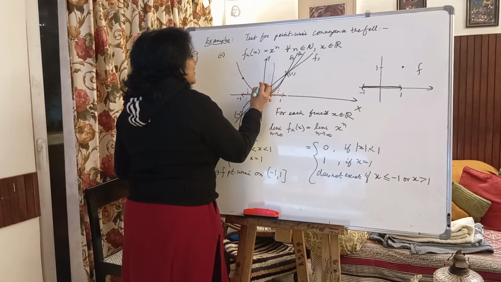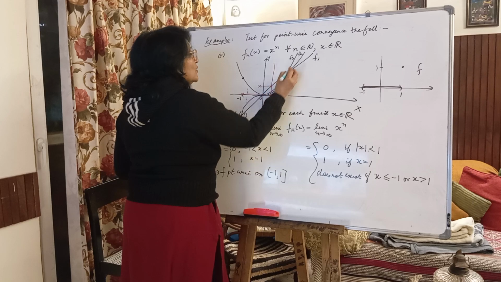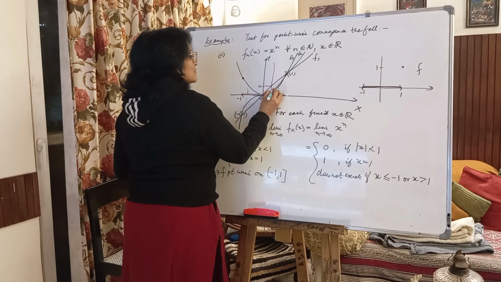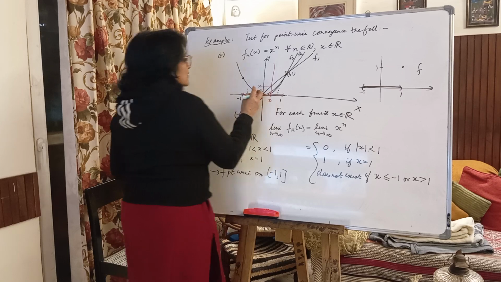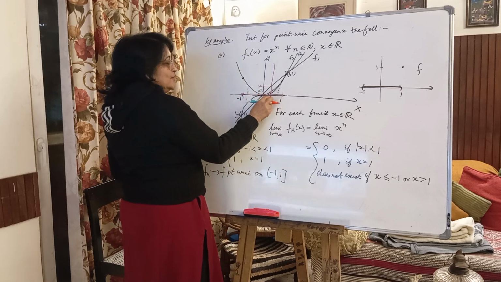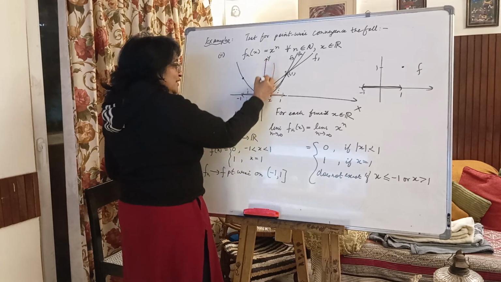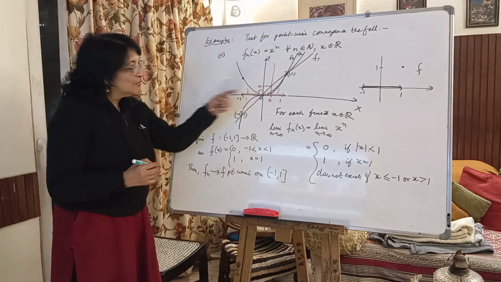Then the next one, f2(x), will be the value of this at this point, so it will be x squared. Since x is less than 1, then x squared, then x cubed keeps going down. It is a sequence measured on the y-axis, and it's going towards 0.